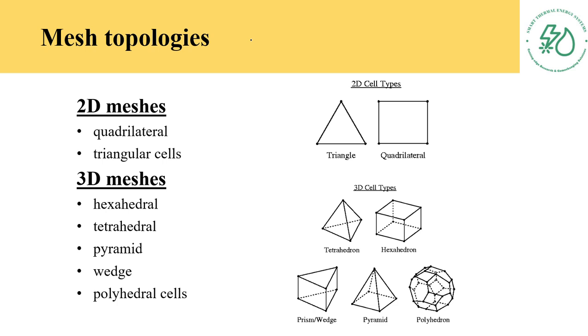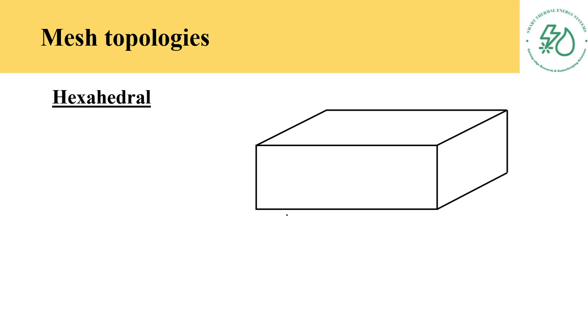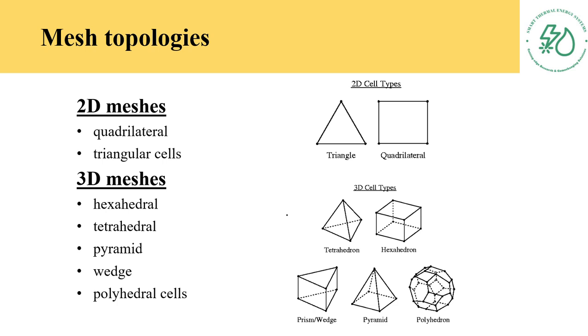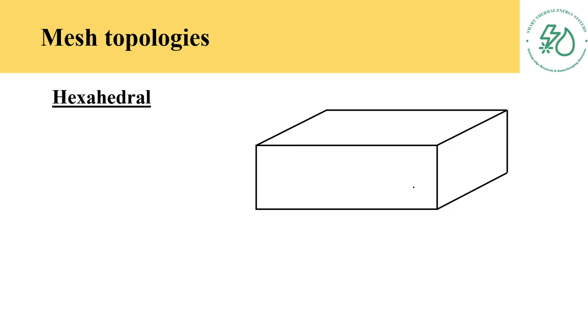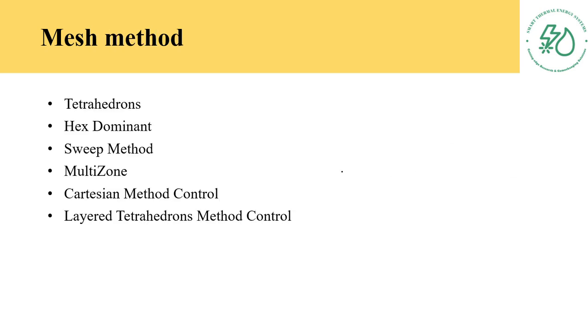For 2D meshes, you can use quadrilateral or triangle elements, triangle cells, as you can see, and in 3D meshes you can use hexahedral, tetrahedral, pyramid, wedge, polyhedral cells, as you can see in this picture. 3D elements should be used when all dimensions of a component are comparable in X, Y, and Z. When a quad element is extruded like that, the hex element will be formed, as you can see.